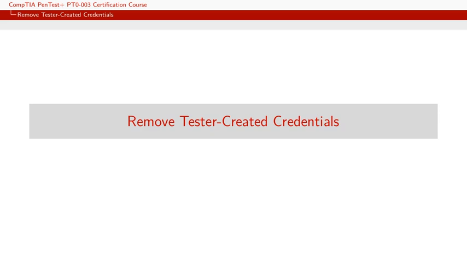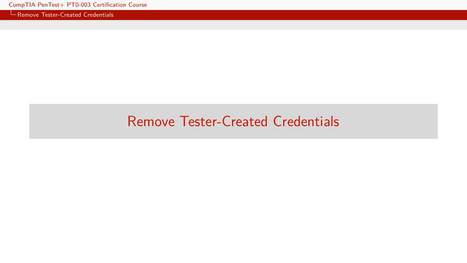In this module, we'll discuss the importance of removing tester-created credentials after a penetration test. When conducting a pen test, it's often necessary to create temporary credentials to simulate an insider threat or to access certain systems. However, failing to remove these credentials after the testing is complete can lead to unauthorized access and potential security breaches.